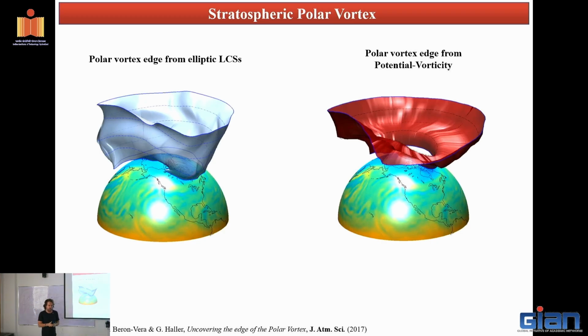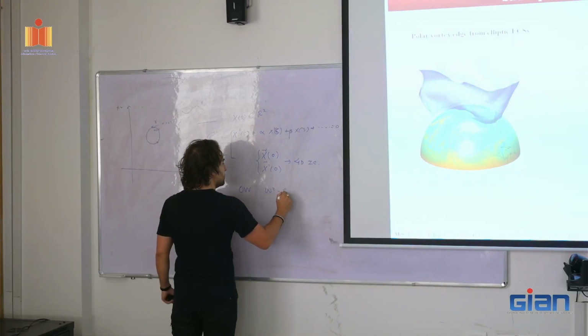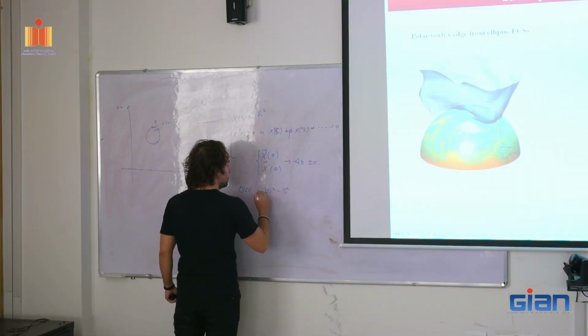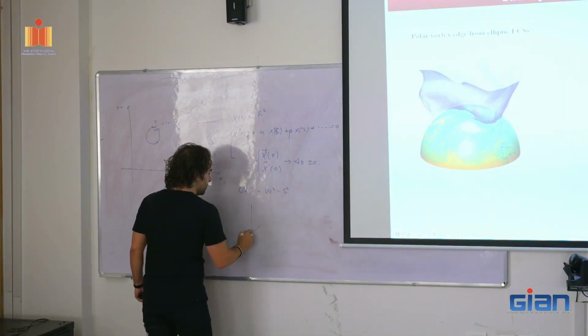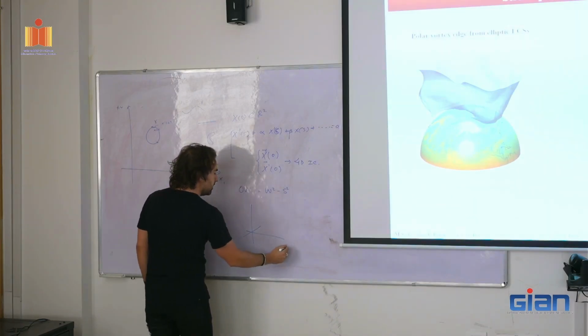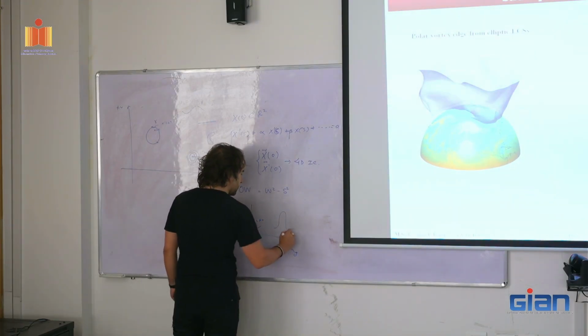And then you say, okay, now I have a scalar field, how do I identify boundaries? You cut the scalar field at a particular threshold. So Q is basically omega squared minus the rate of strain squared. This is a scalar field, so if you plot it on longitude and latitude, you get something like these things.